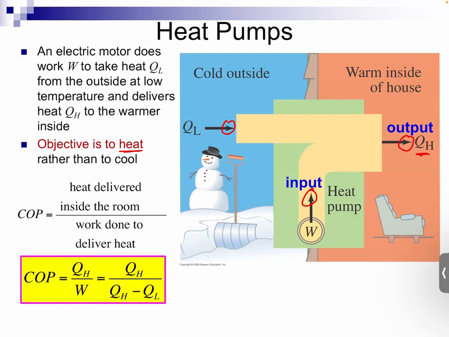Again, we can write down the conservation of energy. Looking at the arrows here, we can see that QL should be equal to QH plus W, or in other words, W is equal to QH minus QL.